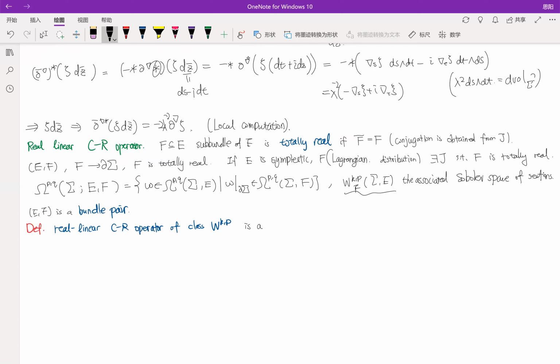It is a differential operator of the form D = D0 + alpha, where D0 is complex and smooth, and alpha is a section of class W^{k,p}, not F. We do not assume a boundary condition, just sigma and E, tensored with the differential forms, sigma star, K star of sigma.